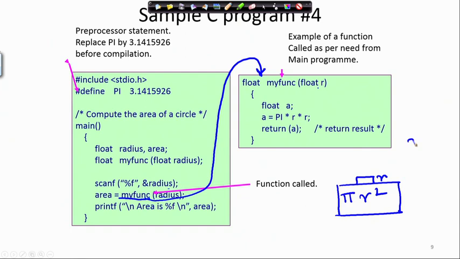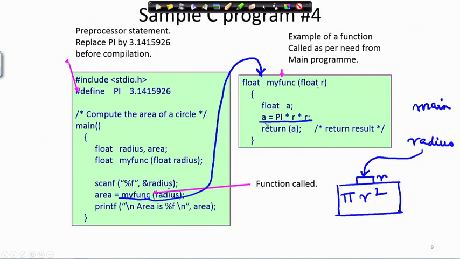From the main function, this radius is being connected to this r, and my function gets the value of r, and inside that it is computing the area. Now, there are some details which I will mention later.